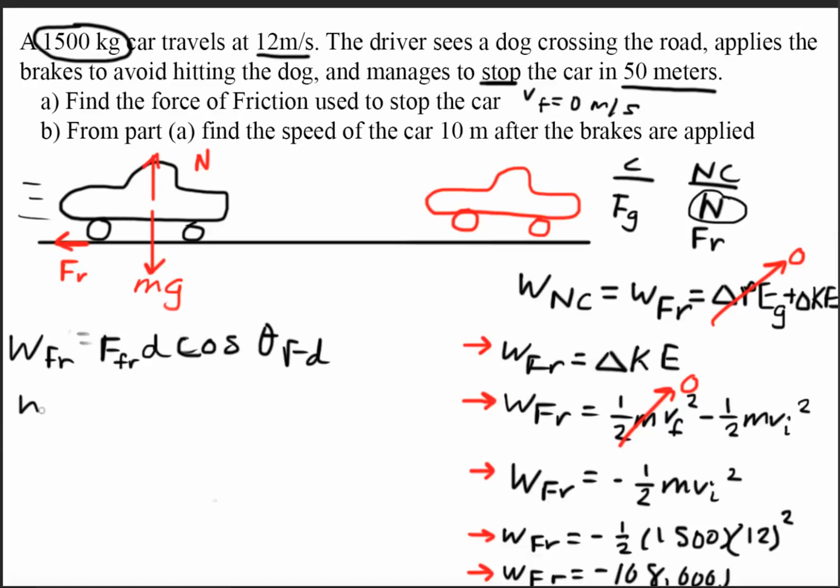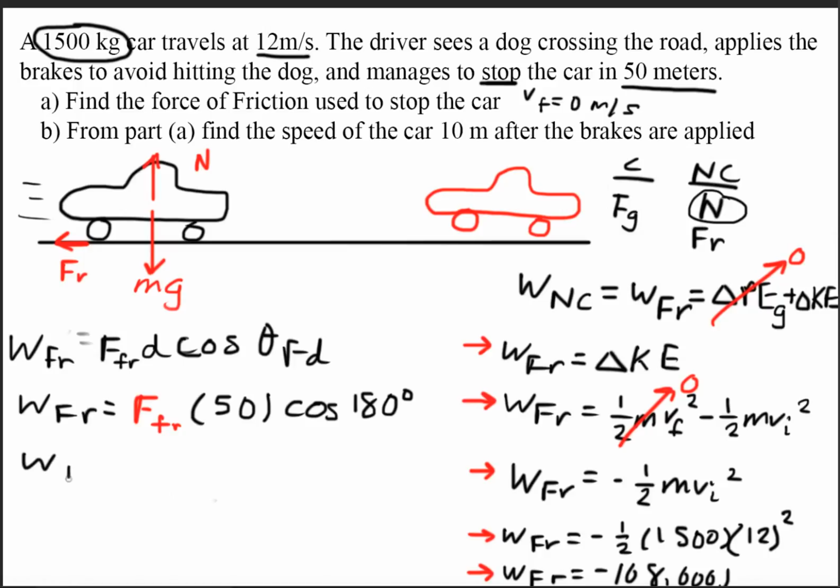So the work done by friction is equal to, do we know the force of friction? No, we do not. And it's not necessary yet. We can just leave it as this variable. Do we know the displacement? 50 meters. And the angle, if you recall, is 180 degrees.